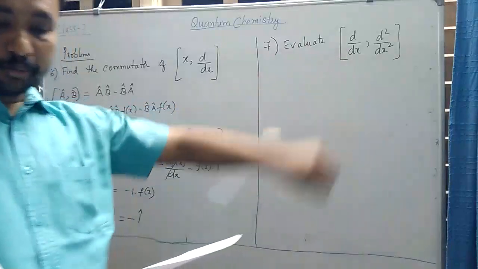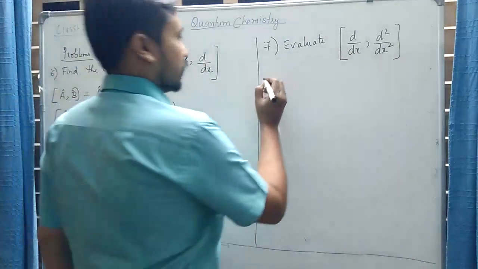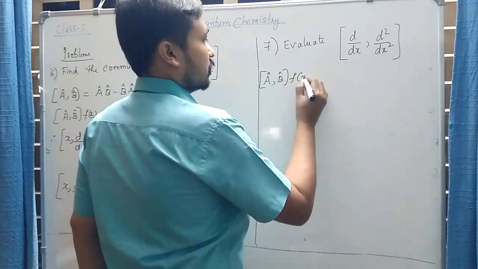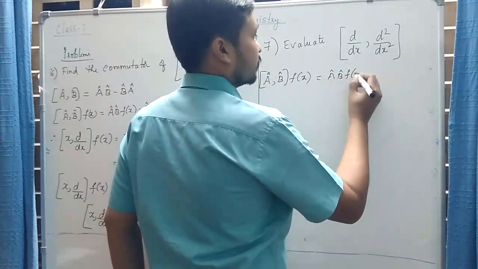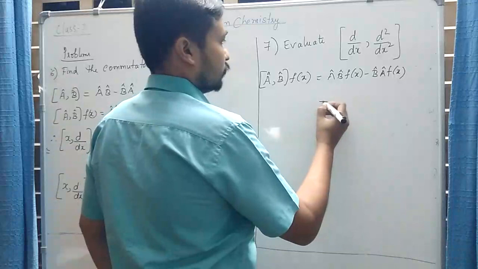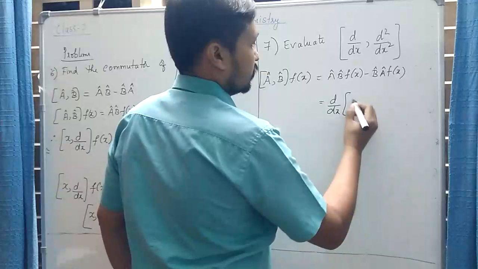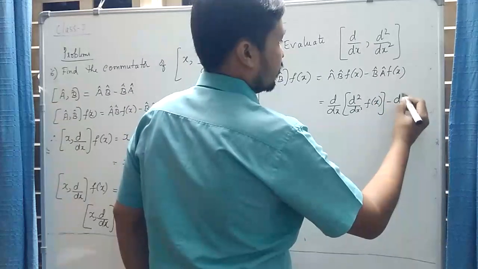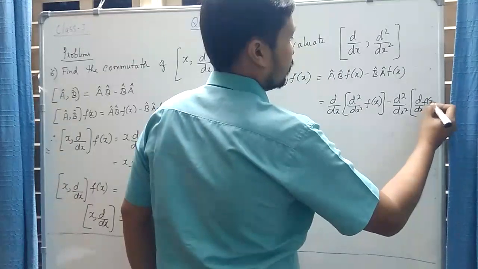Now let us evaluate the commutator for the two operators d by dx and d square by dx square. Again we use the condition: the commutator is A of B of f of x minus B of A of f of x, which is d by dx of d square by dx square of f of x minus d square by dx square of d by dx of f of x.